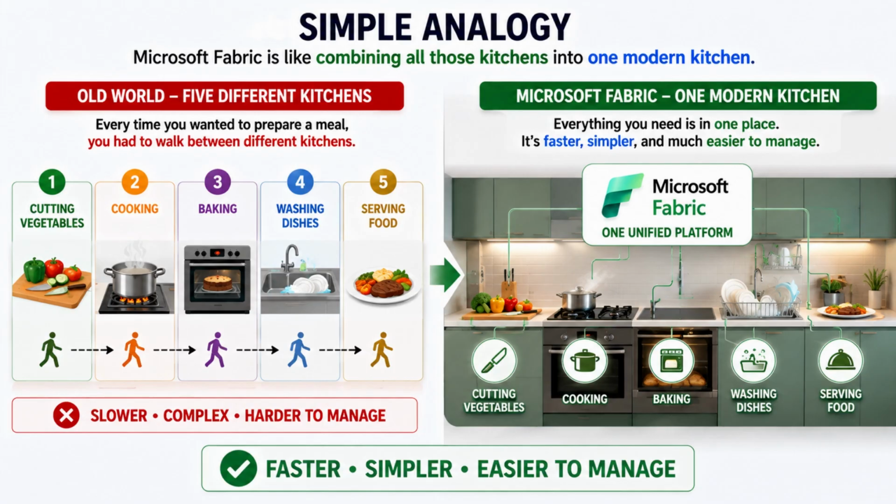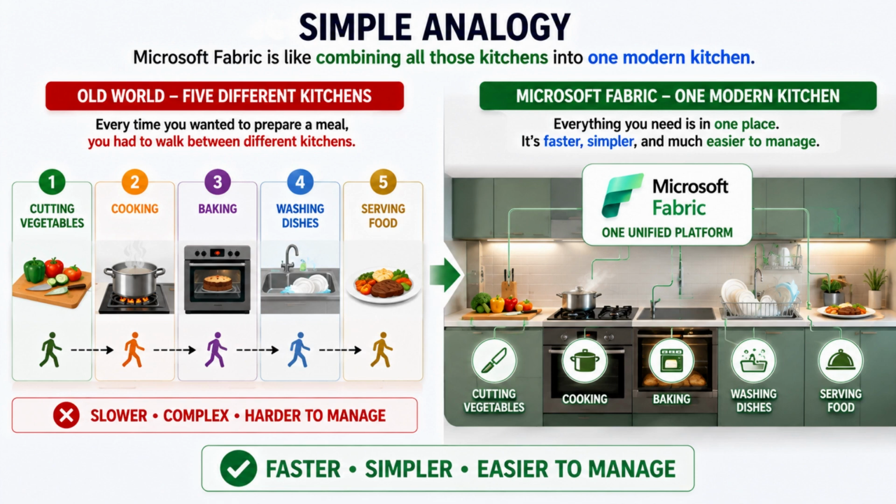Let me explain with a very simple analogy. Imagine you are cooking dinner. In the old world, you had 5 different kitchens. One kitchen for cutting vegetables, another for cooking, a third for baking, a fourth for washing dishes, and a fifth for serving food.